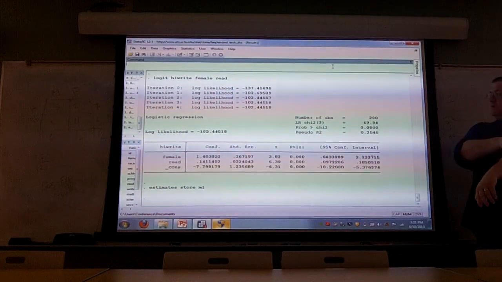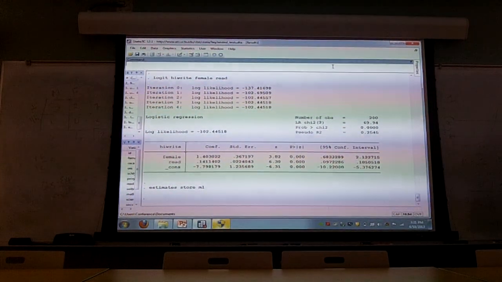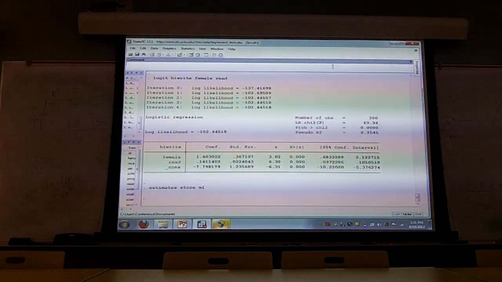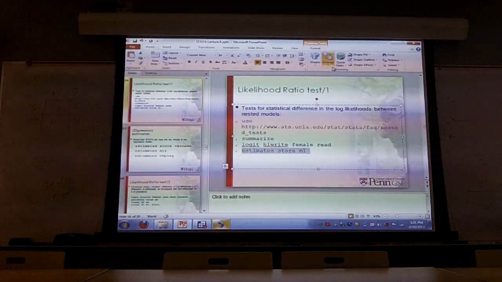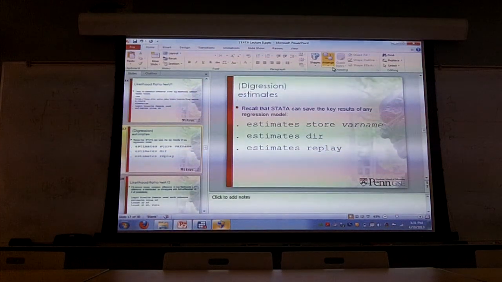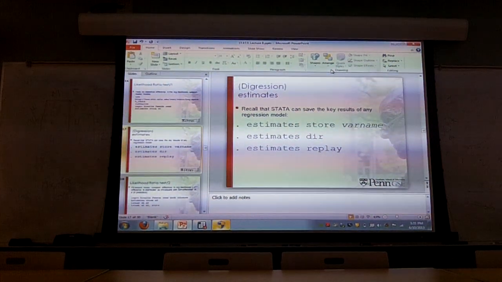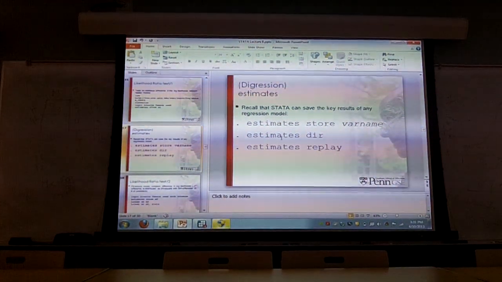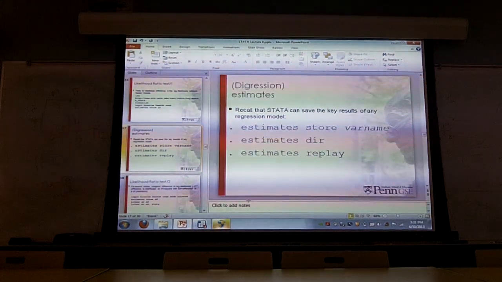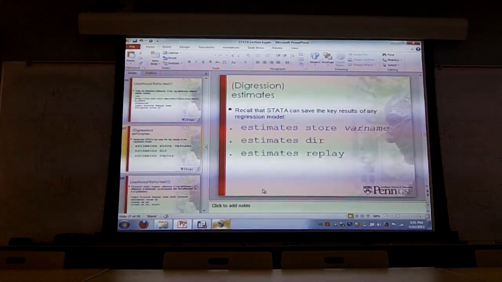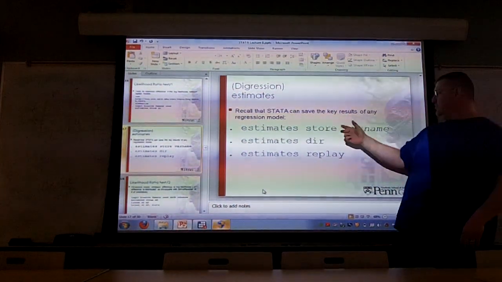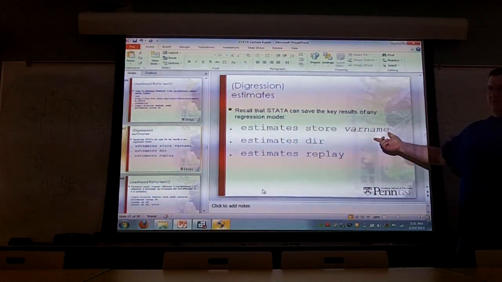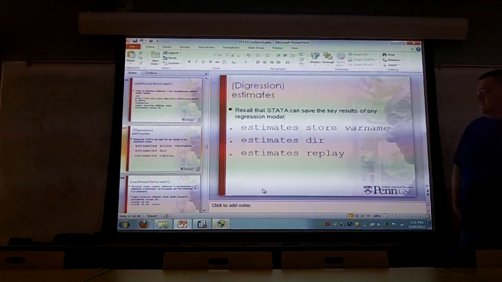I called it M1. Remember, we used these estimate commands before, and the syntax is estimate store, and then give it some name, whatever you want to call it.